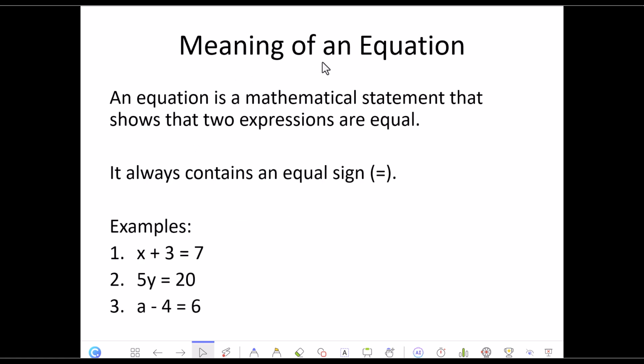So this is the meaning of an equation. In mathematics, an equation is a mathematical statement that shows that two expressions are equal. Remember last term when we did algebraic expression, if I say I am thinking of a number, you can use a letter to represent it, maybe x.